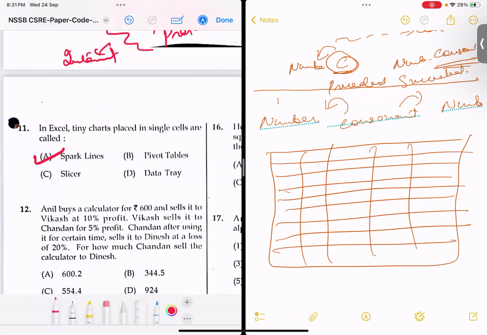It so happens that even within the same cell, we can place a chart or graph. Say there's a line graph. There's a number of data here, and we can represent those data in a graph. And this graph, which is located within a single cell, you have to remember that, is known as a sparkline.